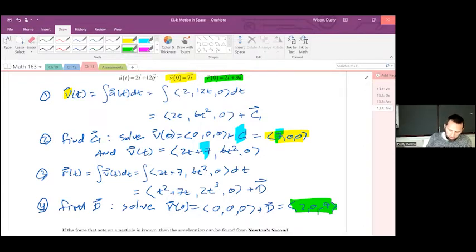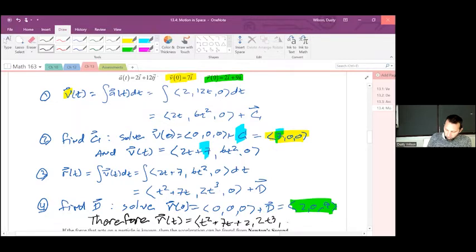And so we're able to conclude that our r of t function must be equal to the r of t that we found, t squared plus 7t. But we got to remember the terms that are in the constant d. So plus 2, and then 2t cubed, and then what do we have? 0 plus 9, or just 9.